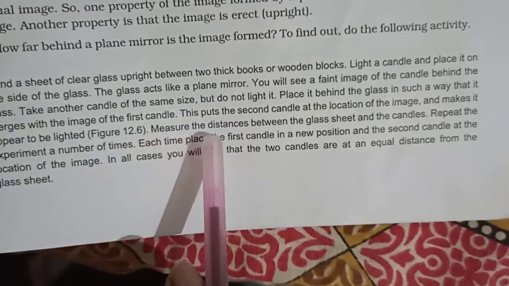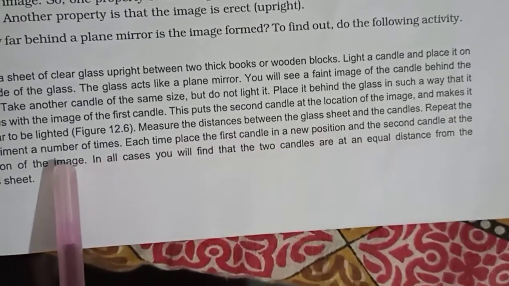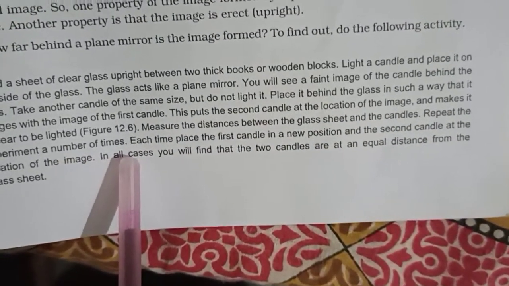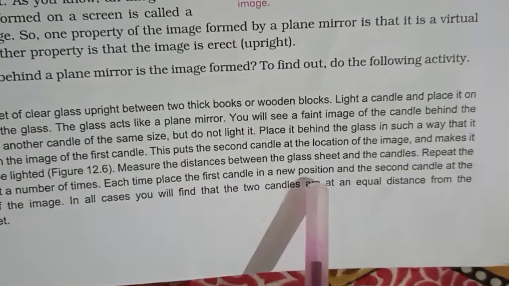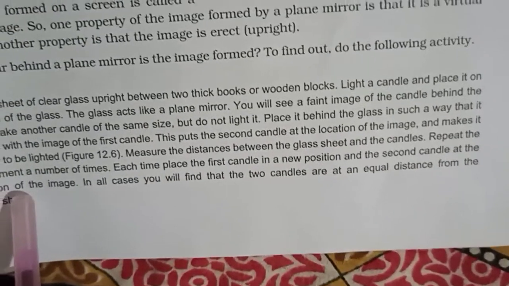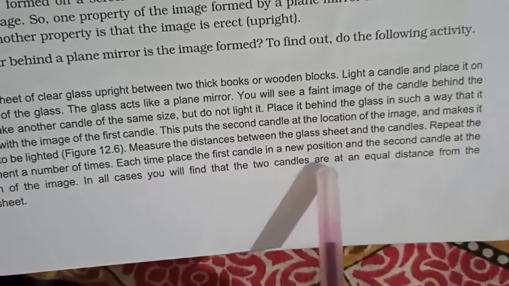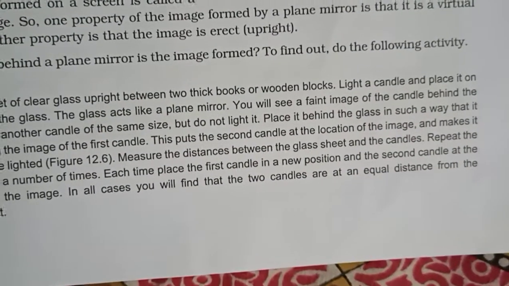Now we are told to measure the distance between the glass sheet and the candle. We will repeat the experiment a number of times. Each time we place the first candle in a new position and the second candle at the location of the image. In each case we will find the two candles are at equal distances from the glass sheet.